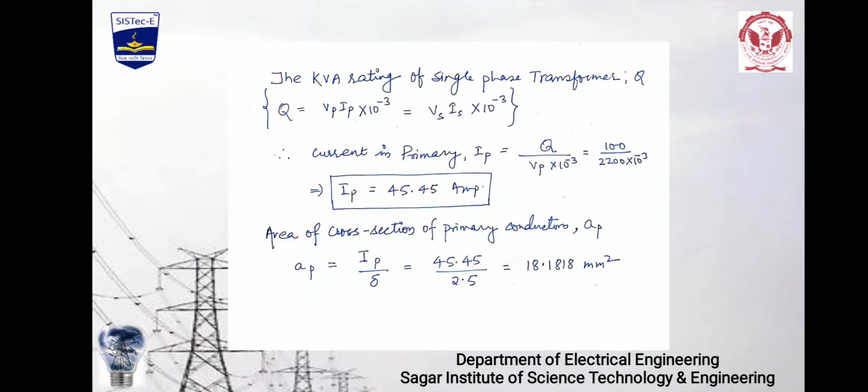Put the value in this equation, you will have Ip is equal to 45.45 ampere. Now the area of cross section of primary conductor AP is equal to Ip upon delta. You know the value of Ip and delta. Put this, you will get the numeric value of AP, which is the area of cross section of primary conductor.